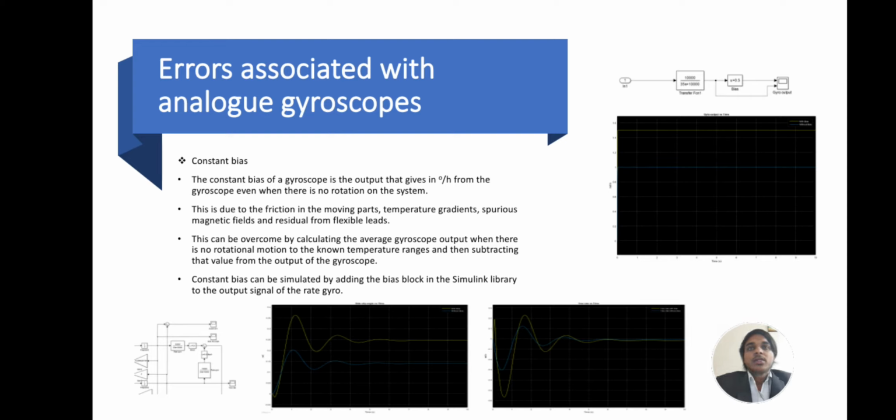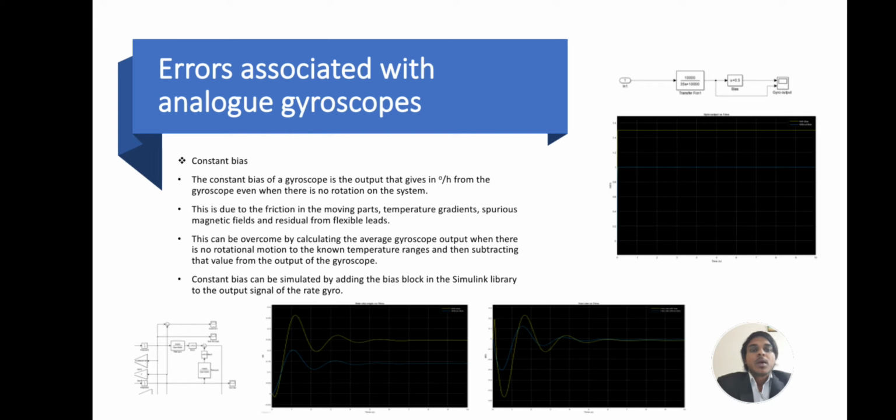Let's look at the errors associated with the analog gyroscopes. First, let's look at the constant bias. The constant bias of a gyroscope is the output value that the gyroscope gives even when there is no rotation on the system. This is due to friction in the moving parts and temperature gradient.